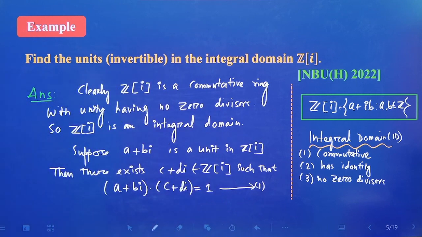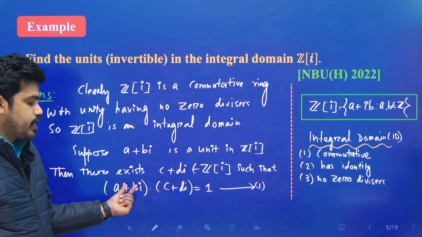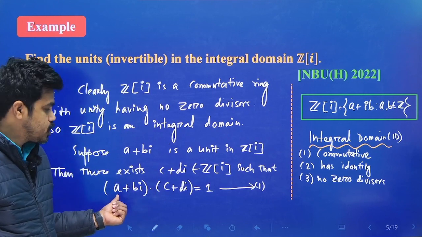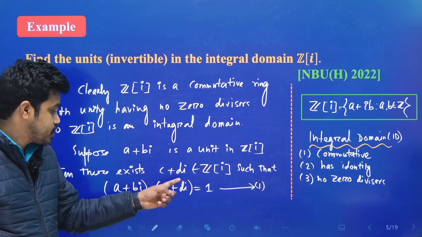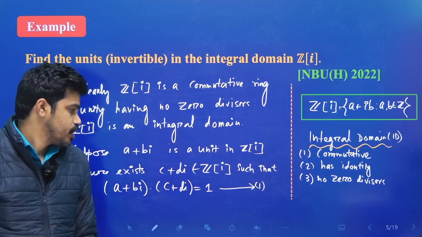Now taking its conjugate: a plus bi becomes a minus bi, c plus di becomes c minus di, and 1 is a real number, so the conjugate of 1 is 1 itself.